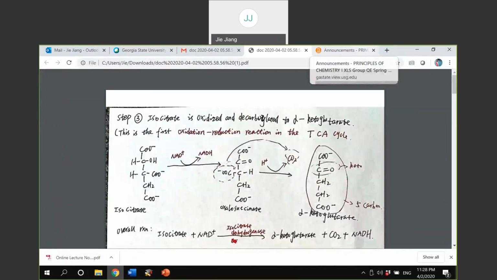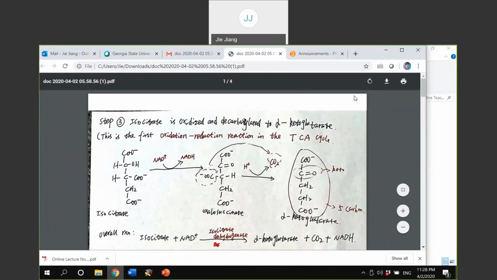Step 3 is basically an oxidation-reduction reaction. It oxidizes isocitrate to alpha-ketoglutarate, and the oxidizing agent is NAD+.